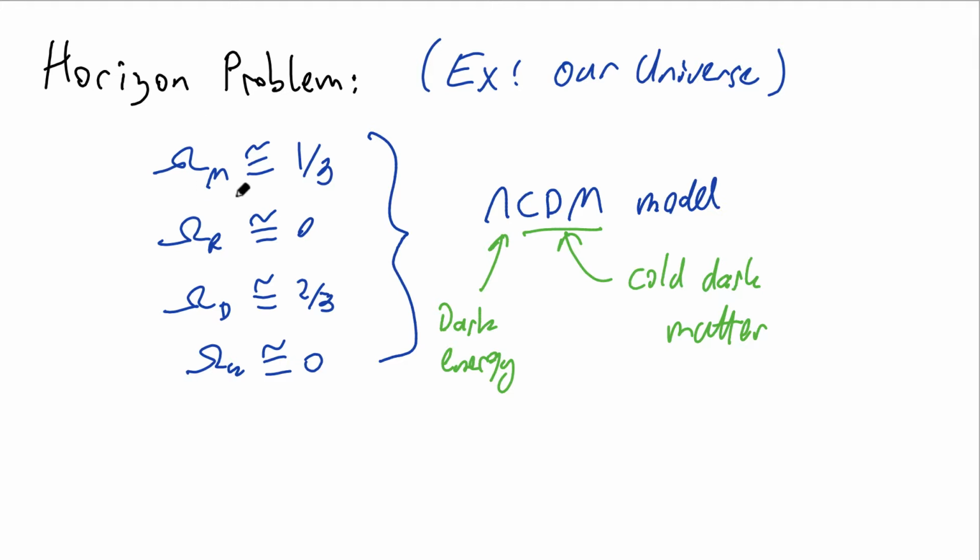So remember, most of the matter content is dark matter, with a small fraction of that being baryonic matter. And remember, this component of the universe is cold in the sense that we modeled it as a pressureless dust. So the name lambda CDM comes from the fact that we're modeling the energy density of the universe as primarily dark energy and cold dark matter.